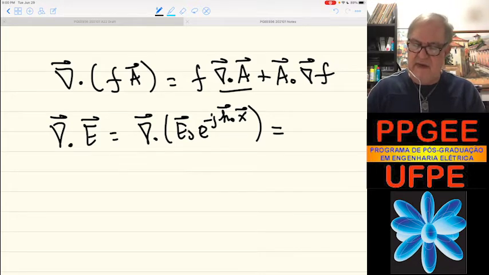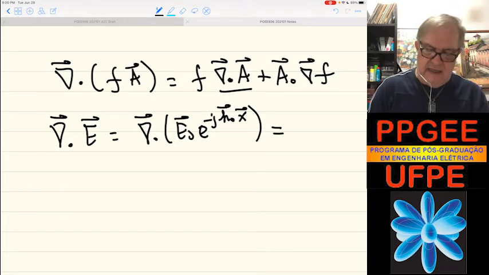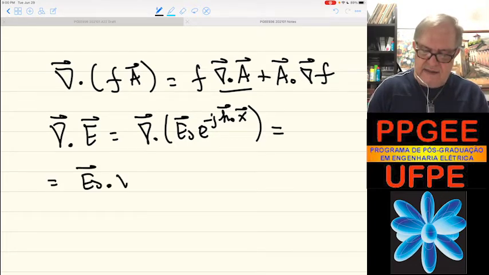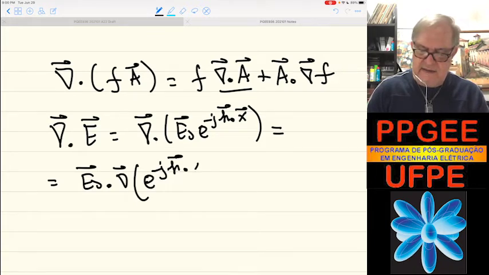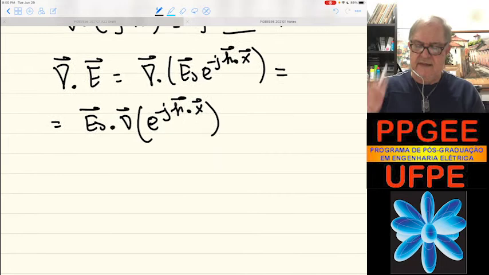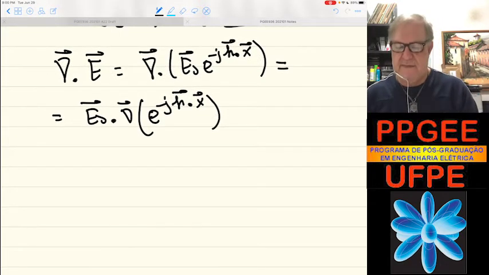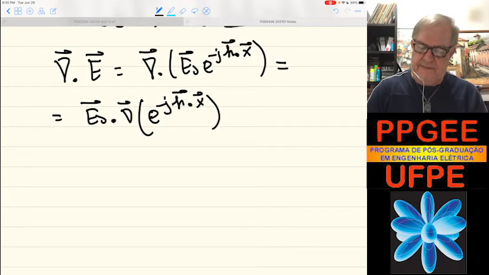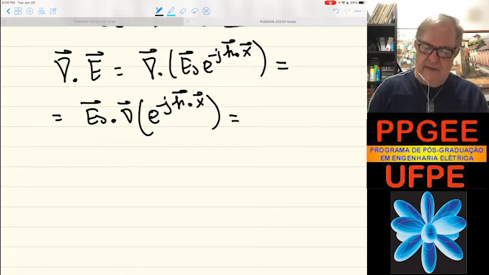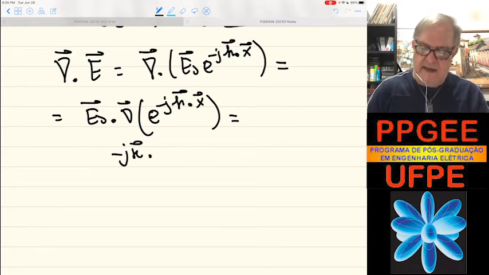We don't have the first term here because the vector is constant. This is going to be E0 dot the gradient of the exponential of minus j k x. Well, this is easy to calculate. This is minus jk times the exponential.